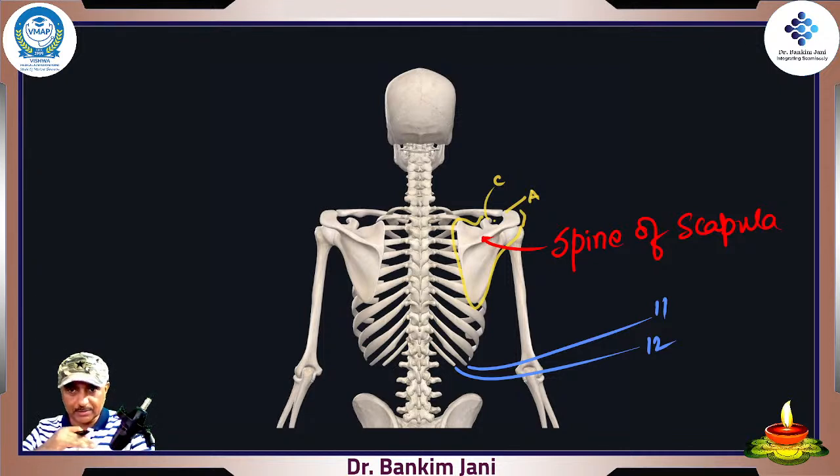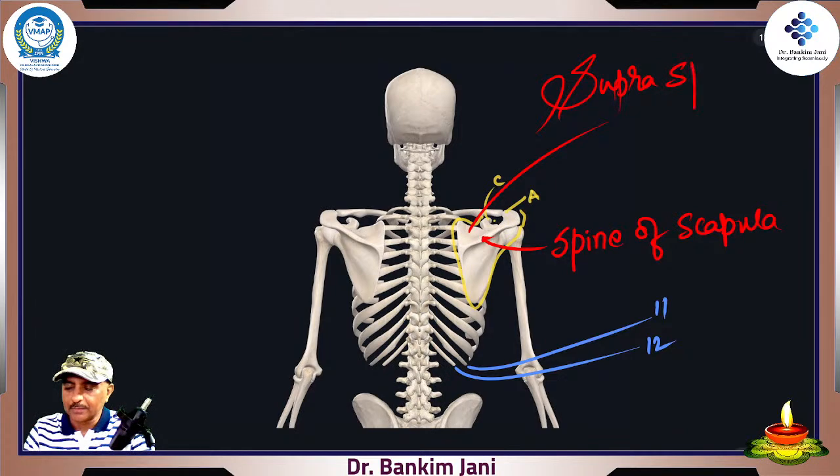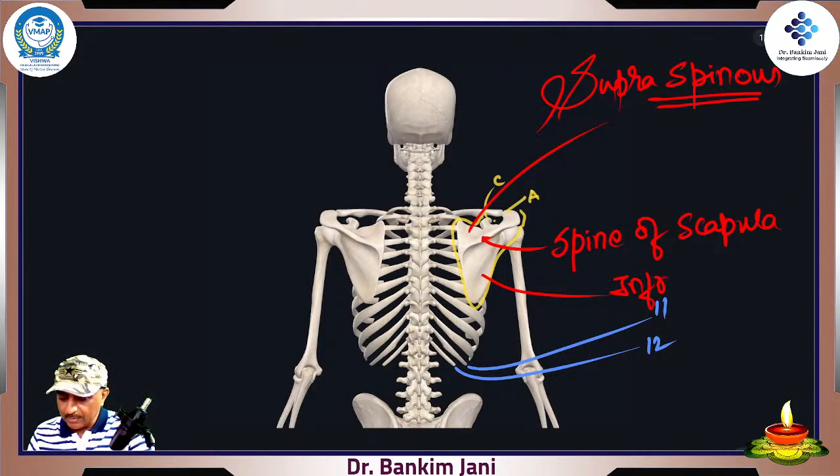Any area which is above it is called supraspinous, and below is infraspinous. Above the spine, below the spine.